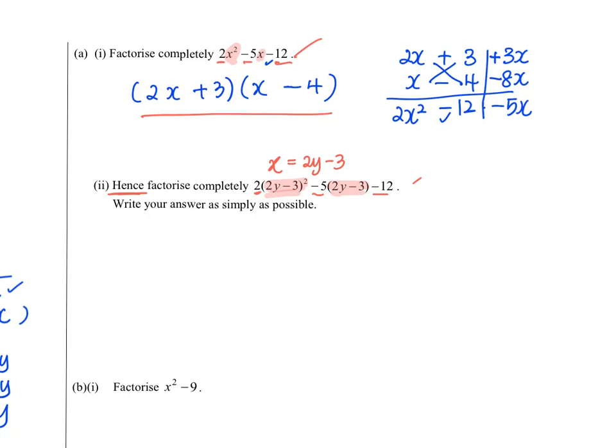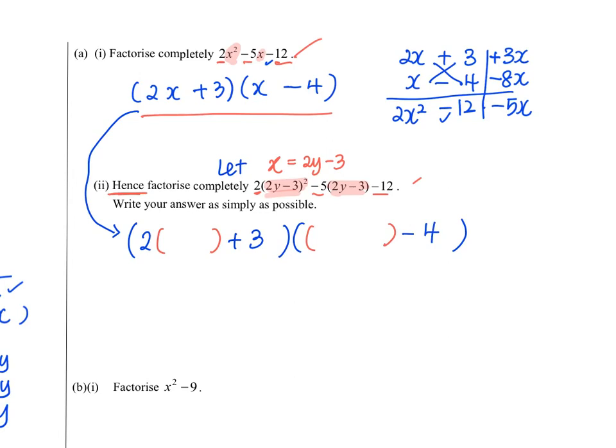So what do we do? We are going to let x be 2y minus 3 and we are going to use the answer over here. When they say factorize, this is already a factorized form, so it comes in terms of brackets, something times something. If I follow this form, I'll have 2x plus 3, x minus 4.